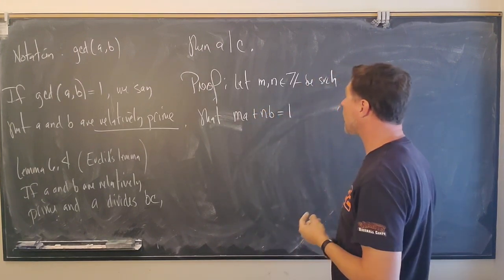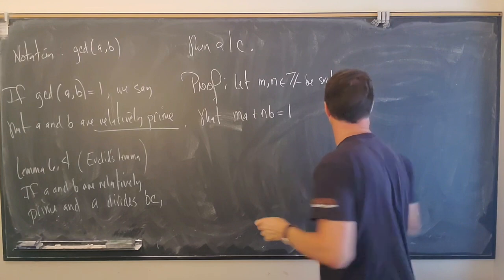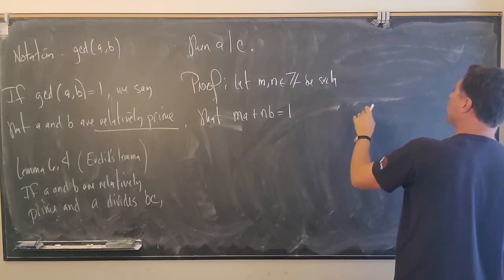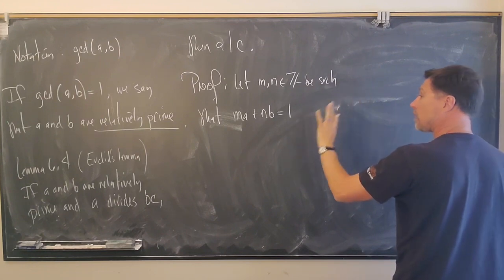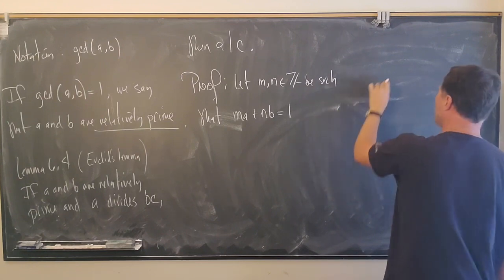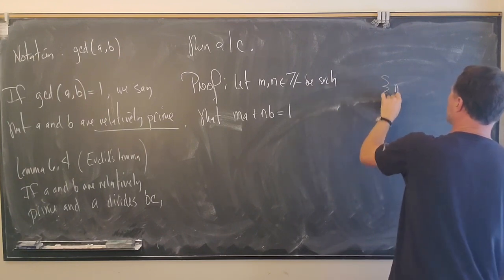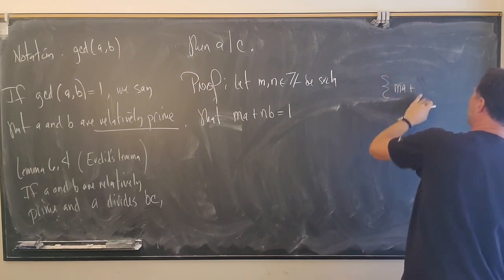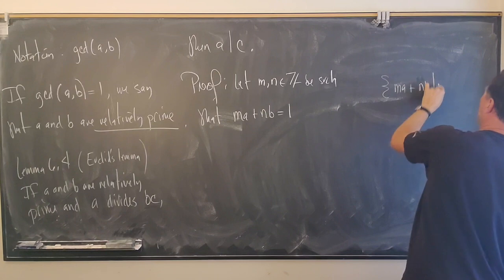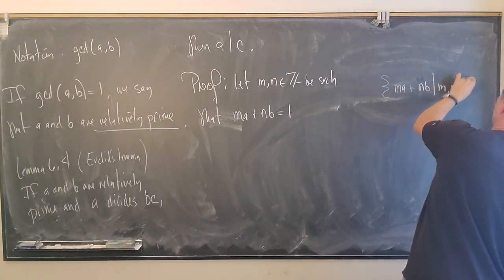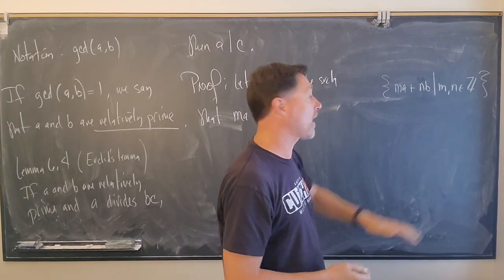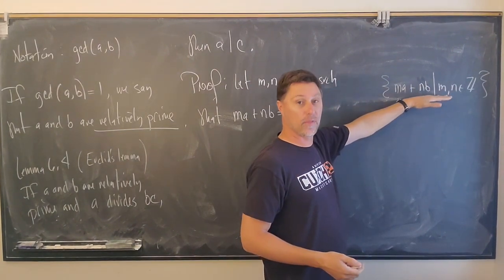Since the greatest common divisor of A and B, let me remind you off to the side here. Since the greatest common divisor is equal to 1, when we look at the set of all expressions MA plus NB, where M and N run through all of Z, the GCD of A and B is defined to be the positive generator of this set.